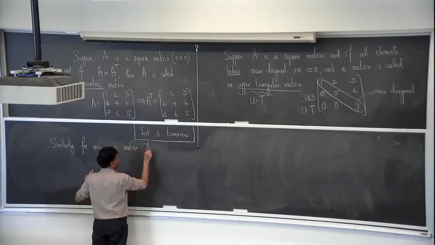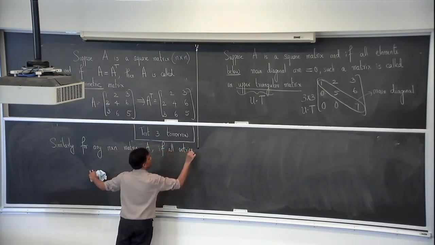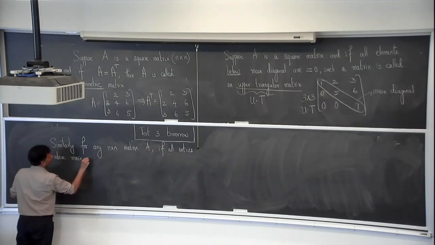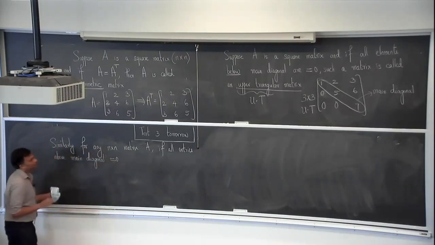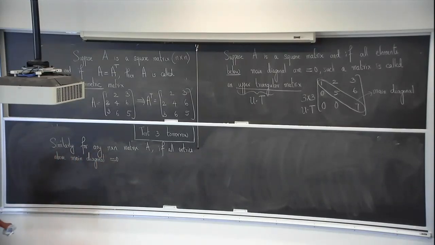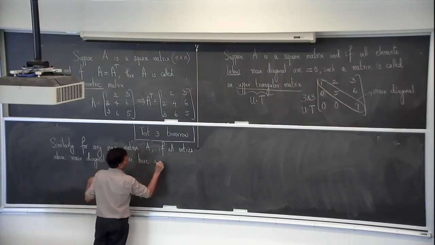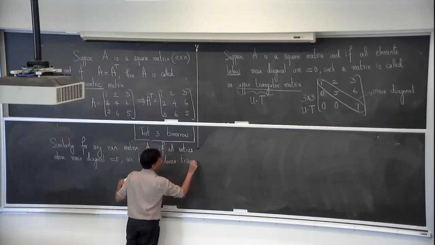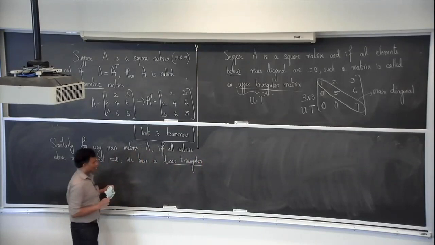Any n by n matrix A, if all the entries above the main diagonal are equal to 0, then it's a lower triangular matrix.